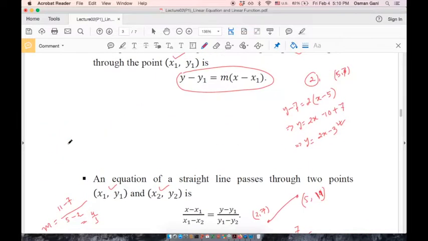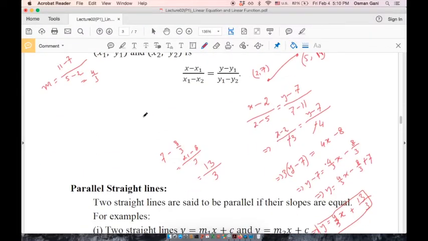Now you can use the first formula, y minus y1 equal to m into x minus x1. So y minus 7 is equal to 4 by 3 into x minus 2.